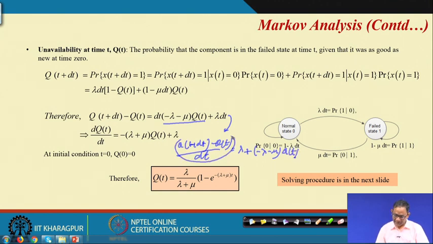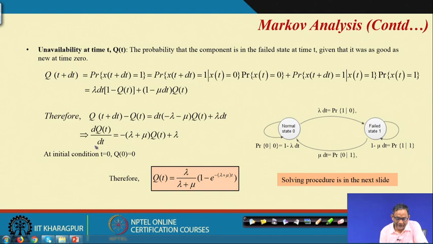Now this quantity is nothing but dq(t) by dt. So that is what is written here. So, dq(t) by dt equal to this plus this. This is the first order differential equation.